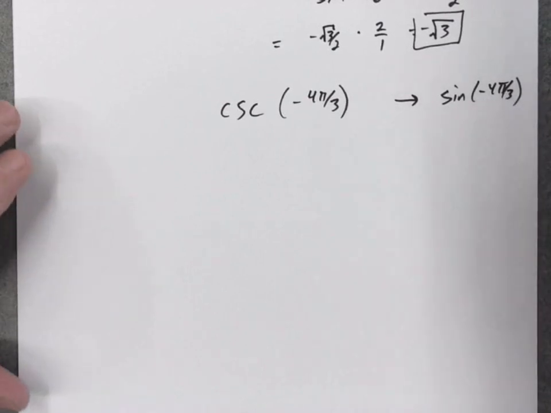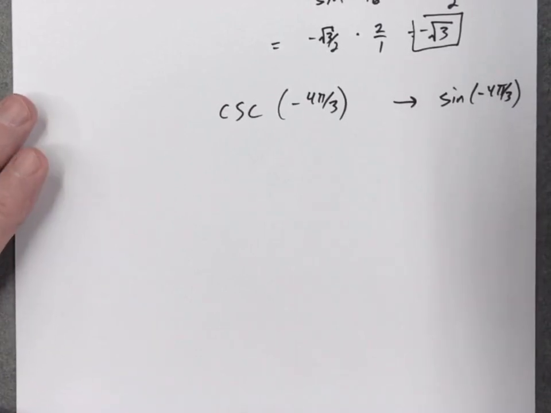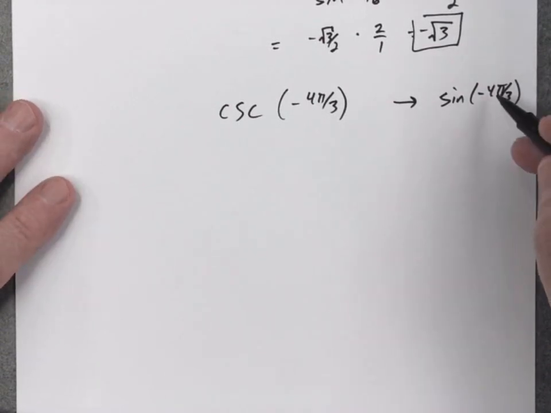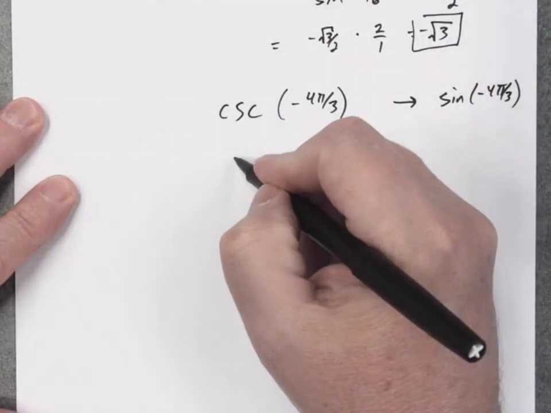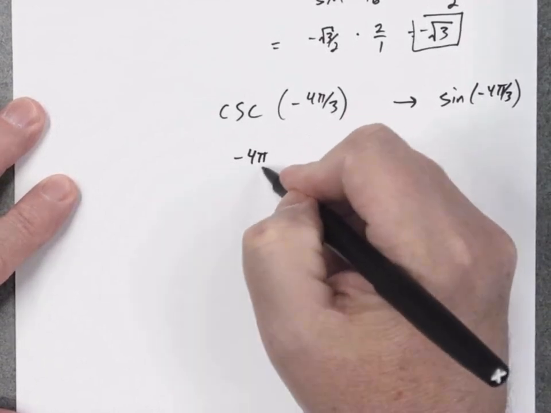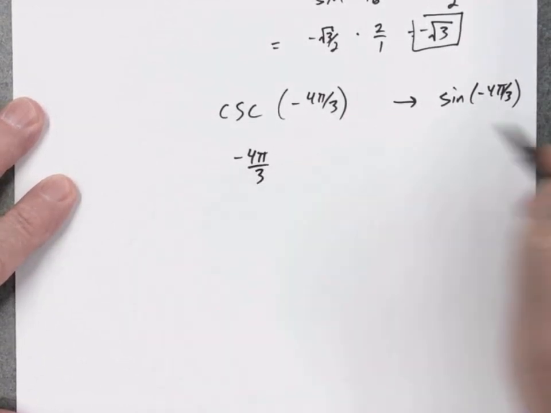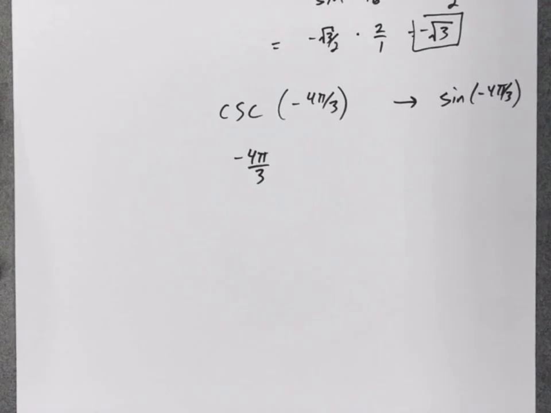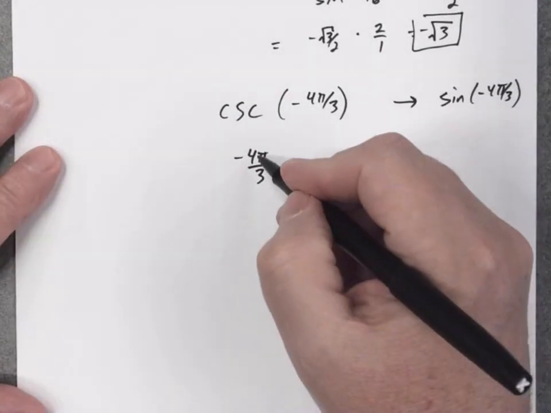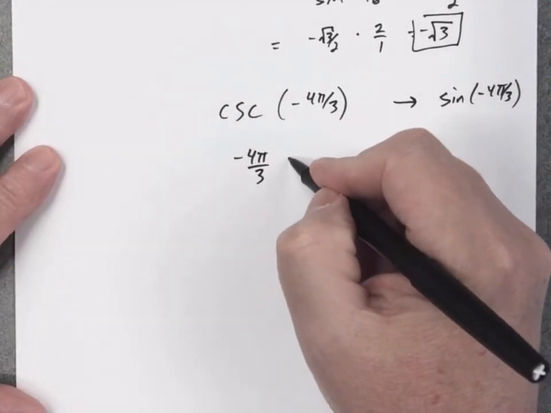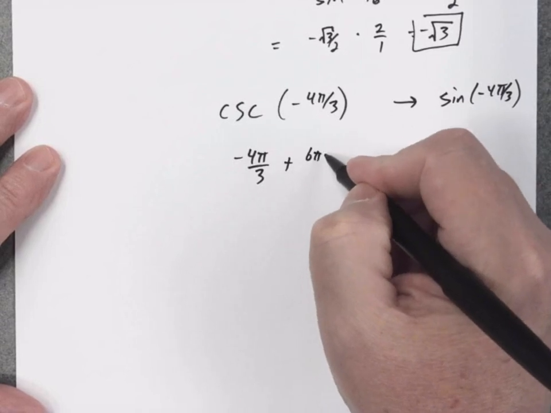Now, negative 4 pi over 3 is not on the unit circle. So I need to find the coterminal angle. Since this is a negative angle, remember, we have to start adding 2 pi until we get inside the unit circle. Well, 2 pi with the denominator of 3 would be 6 pi over 3.